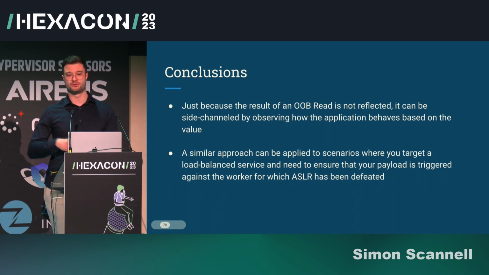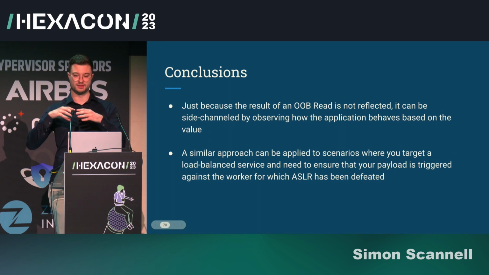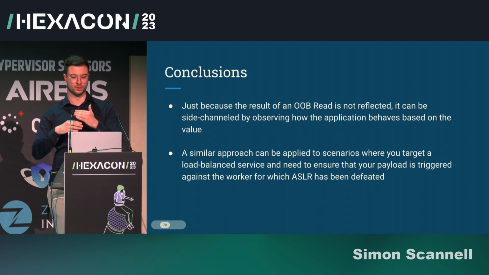For example, if you have an info leak of one worker, but no way of guaranteeing that your second stage will arrive at the same worker, instead of embedding a known virus, you could embed a file that triggers the buffer overflow, and make sure the overflow only triggers when the file is scanned by the correct worker. We internally call this conditional corruption, where you use the out-of-bounds read to make sure the exploit only triggers when the value is correct.